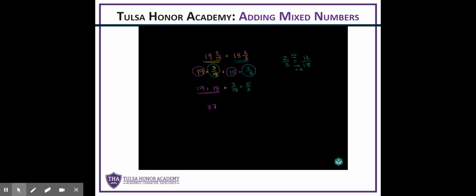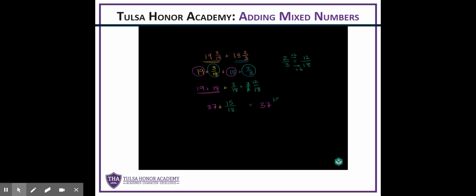So I can rewrite 2/3 as 12 over 18. And now I can add these two things together. So I have 37 plus something over 18 plus something over 18. 3 plus 12 is 15, plus 15 over 18. And so expressing this as a mixed number, I get 37 and 15/18.